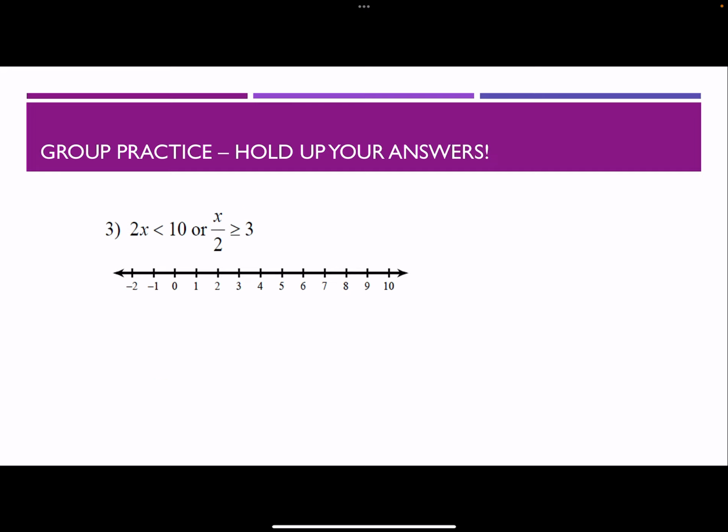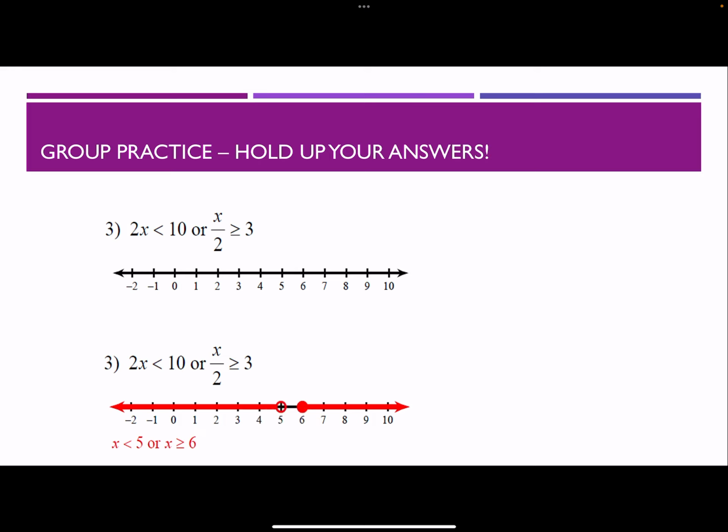All right, let's try a couple more. So pause the video, solve this, and graph. All right, so now when you unpause, let's check your answer. This should be your solution algebraically, and then your graph there in red.